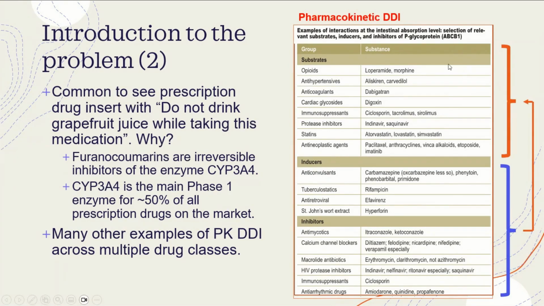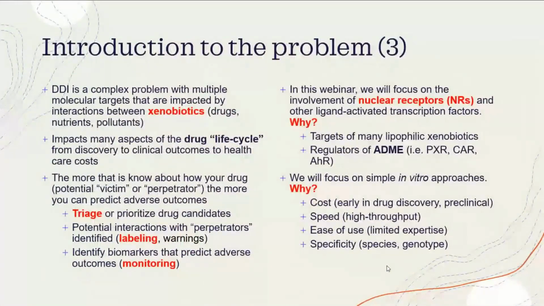And this, again, is for one protein. We have tables and tables of all these different sorts of interactions that can be involved with both drug 1 and drug 2, the perpetrator and the victim. So, we're going to be talking in more detail about how this can be studied, but it's important to think of this as something that is associated with clinical outcomes, but we want to make sure that we identify this early in the process before it gets into the clinic.